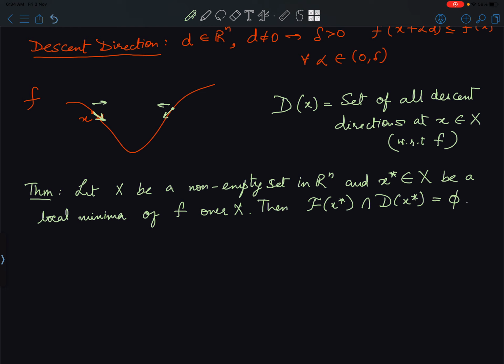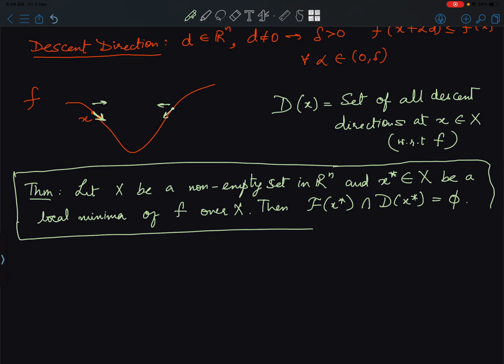So this is a very important theorem. This basically means that if you are at a local minimum with respect to a function f over X, right, then you cannot find a direction in which you move so that you are in the feasible region, as well as you move down the function f.